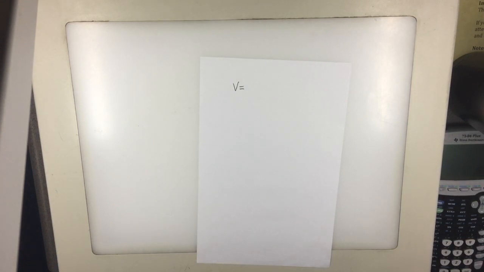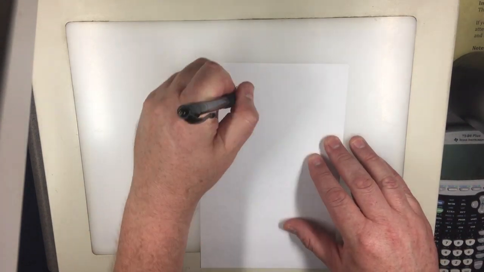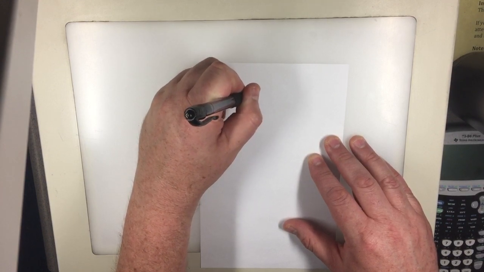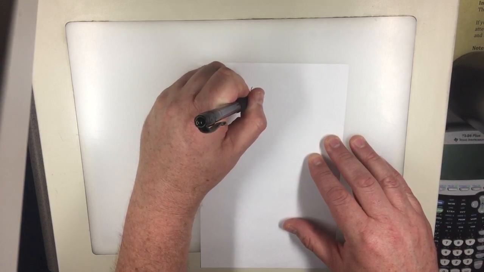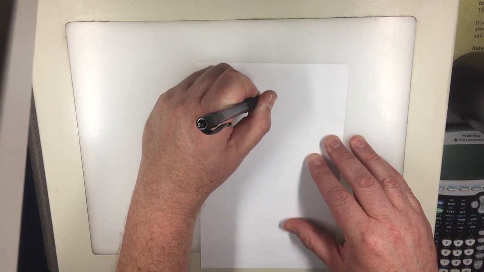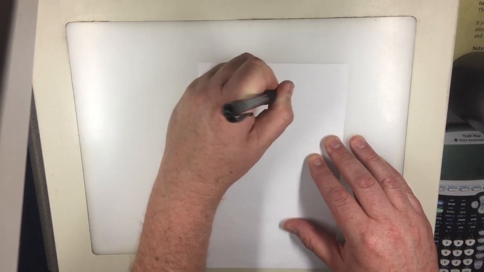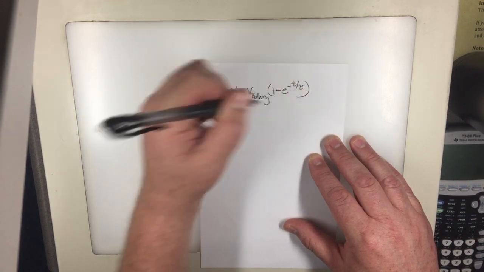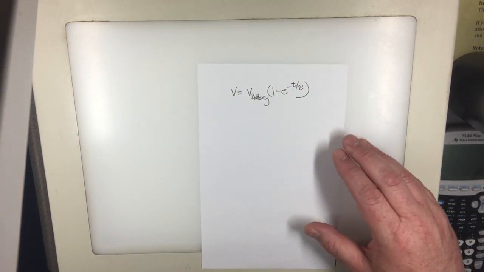And I showed you earlier the V for charging is going to be the potential of the battery times 1 minus e to the negative t over tau. And that's charging.